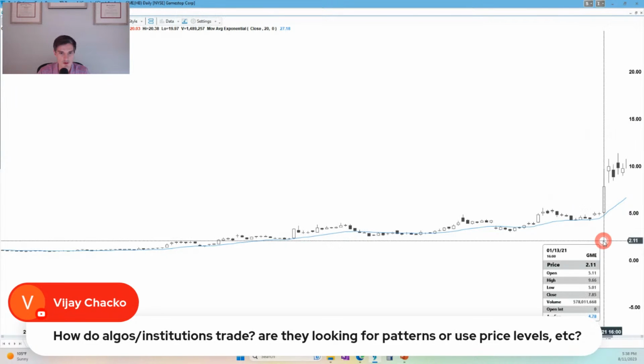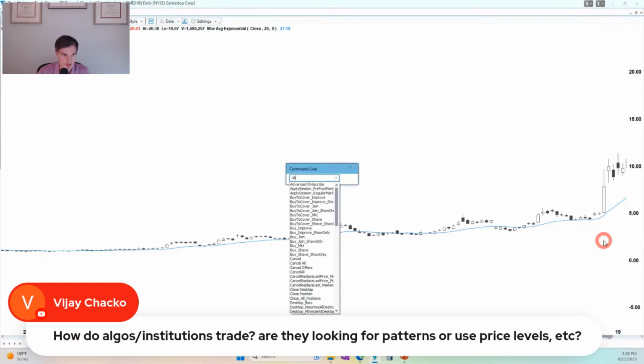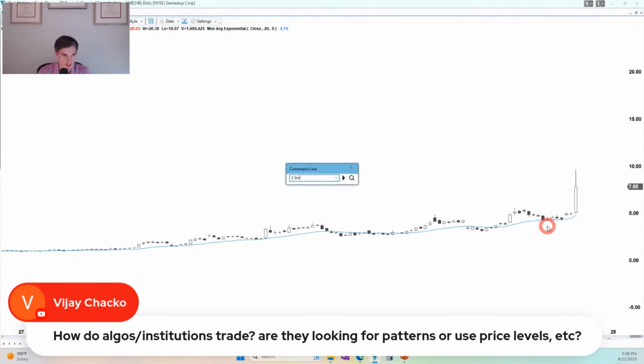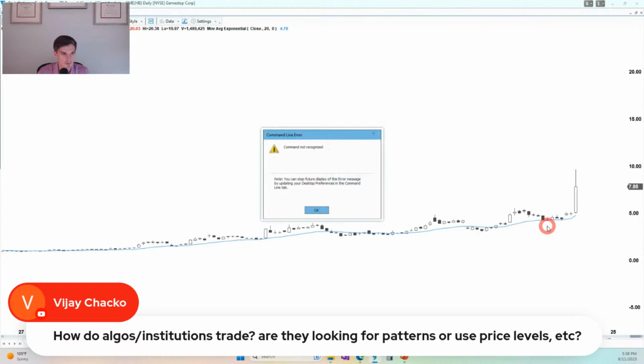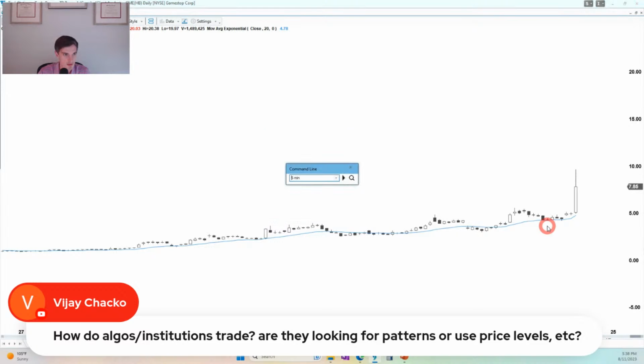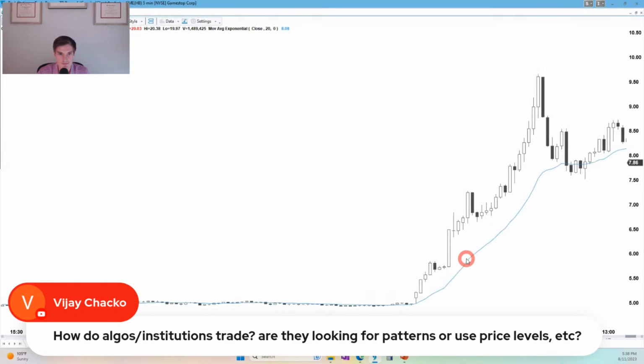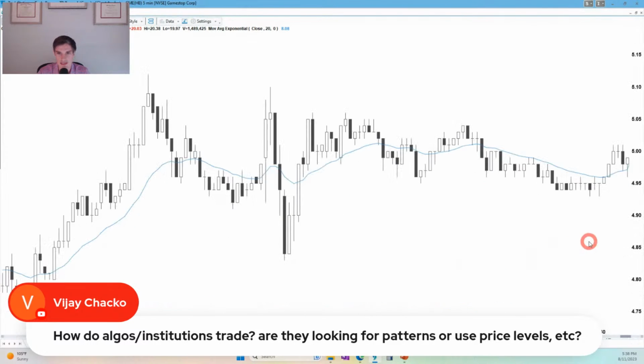If we go to this day on a 5-minute chart, 1/13 of 21, what we'll notice is this right here. Let this load really quick. It looks like any other day. But let's look at the volume of the 5-minute chart.